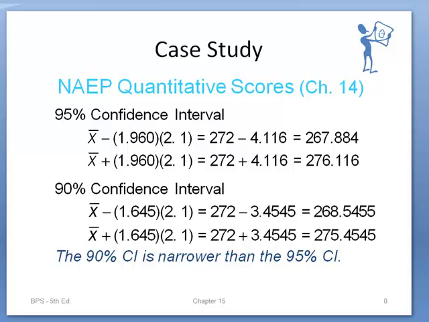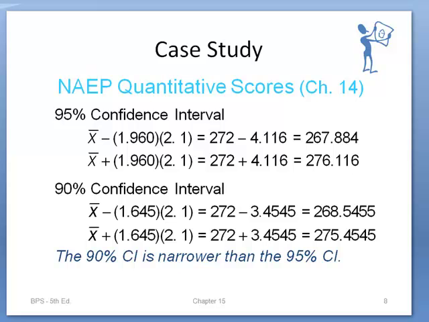So we're going to look at an example of the NAEP quantitative scores that we saw in Chapter 14. We're going to look at the 95% confidence interval and the 90% confidence interval, and we'll see the difference in lengths of the confidence intervals between those two. So for the 95%, we go from 267.9 to 276.1.